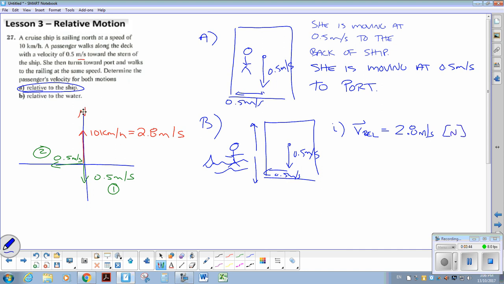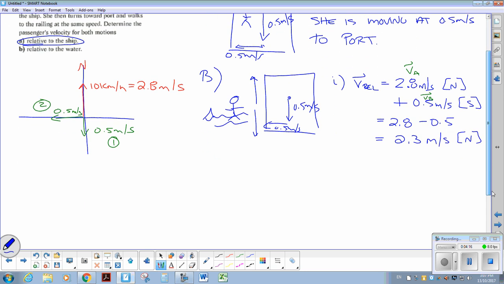And then plus 0.5 meters per second south. That's in the relative formula, VA plus VB. Direction's important because 2.8 I'm going to leave as a positive, north is positive, but now it's south, so it's subtracting. So if I'm sitting in the water watching this person go by, I'm seeing her traveling at 2.3 meters per second north.